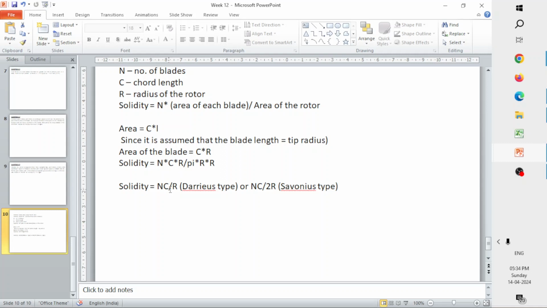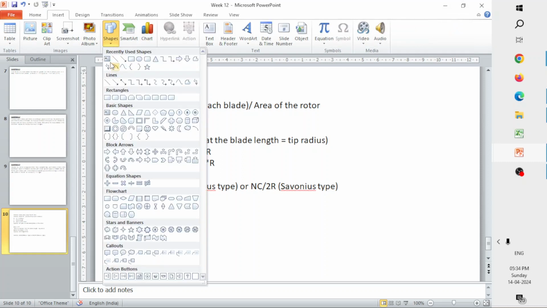So you have two types, one is the Darrieus and the Savonius, as somebody rightly said. The Darrieus type has airfoil sections, the blades are curved along the length, and they have a high tip speed ratio. So here we have to discuss another parameter, which is called the tip speed ratio.